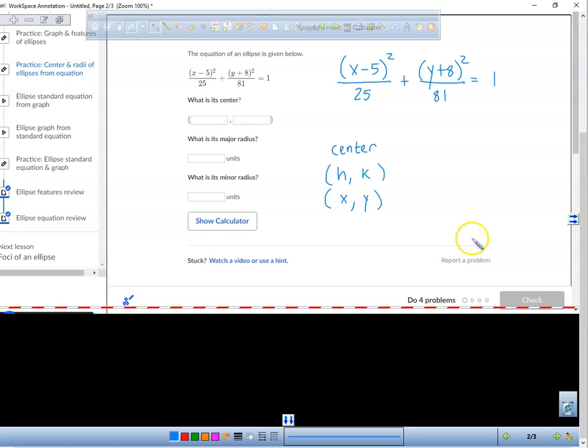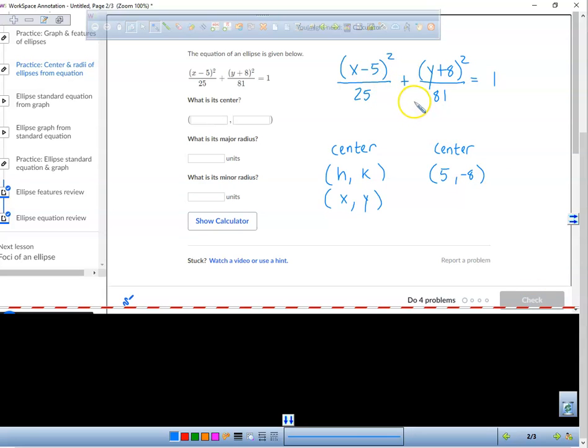All right. So right now, what is going to be our center? It's got to be at a 5 and a negative 8. So what I'd like you guys to do is the center of your ellipse will be at a 5 and a negative 8 for this equation.